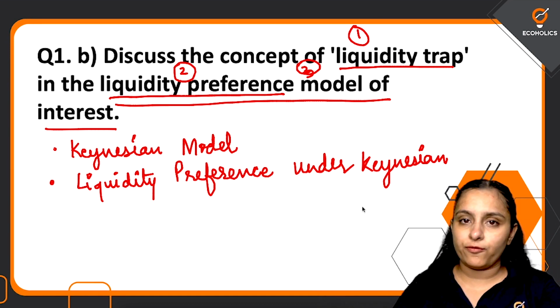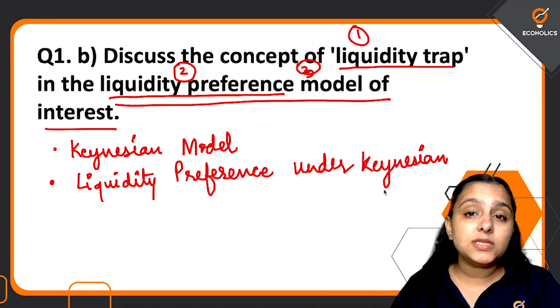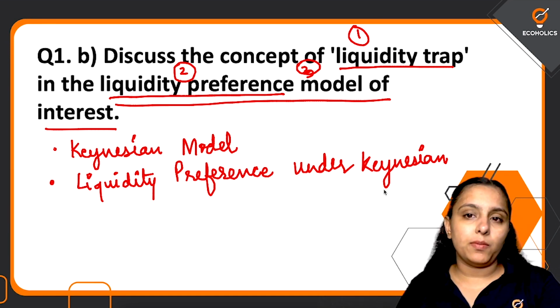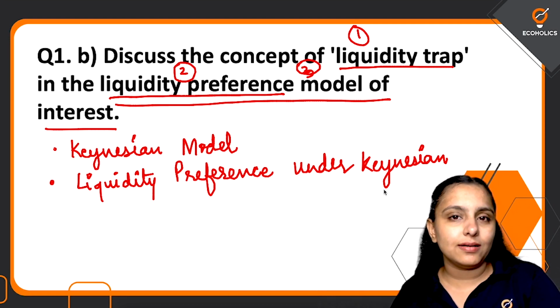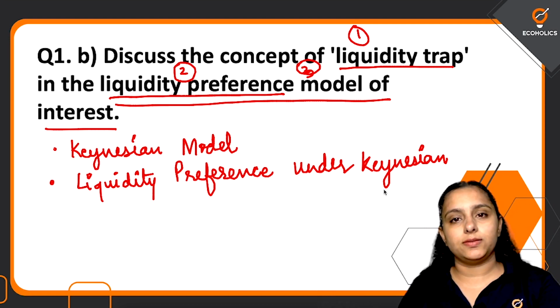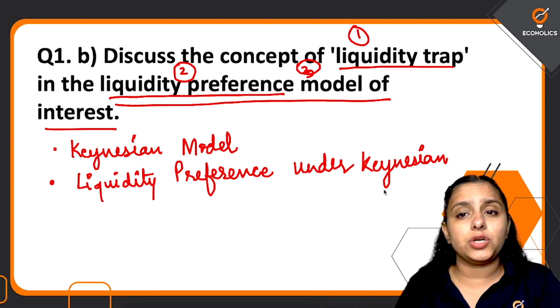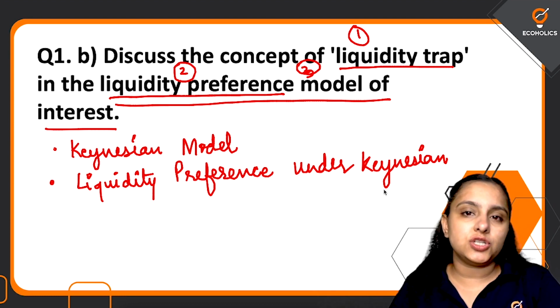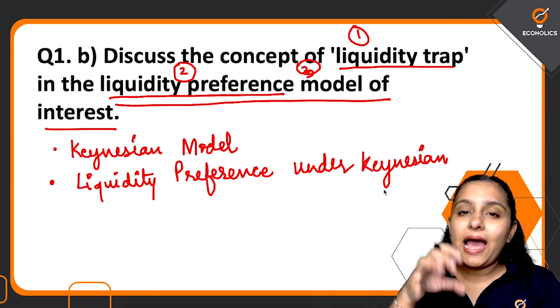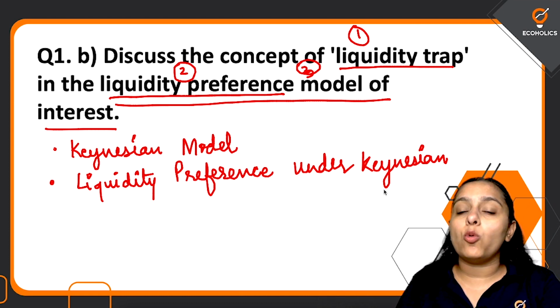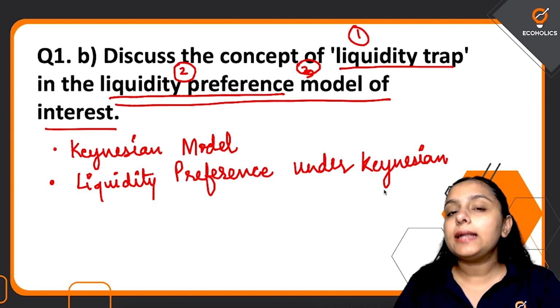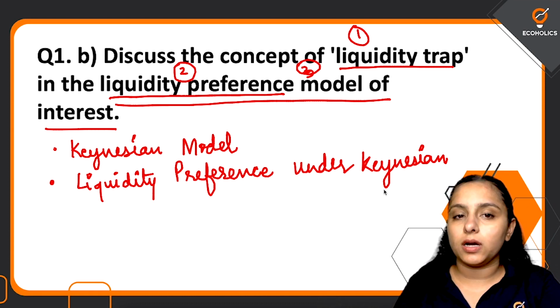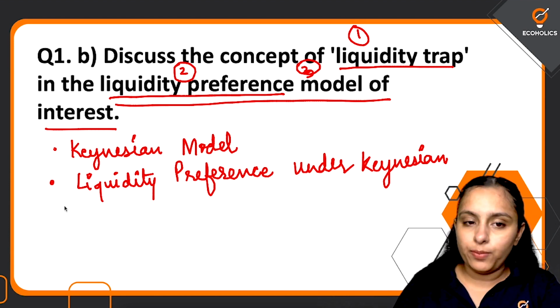Liquidity preference means the amount of money I'm demanding at my current income and the market interest rate. If my income or interest rate changes, there would be a change in liquidity preference, but at a point in time it tells me how much money I am demanding in the ongoing situation in the market. That is liquidity preference.